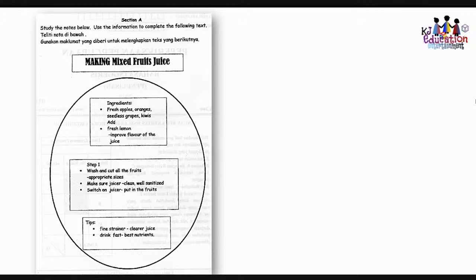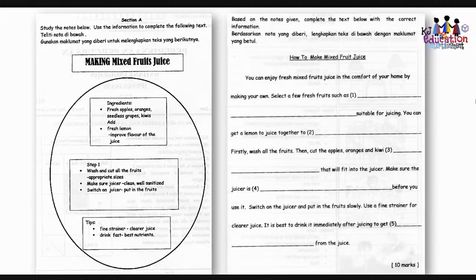This is the example that will be given to you. If you can see, this is a non-linear text, and they have asked you to transfer into a linear text. So this is the example of the question that we'll be doing together.